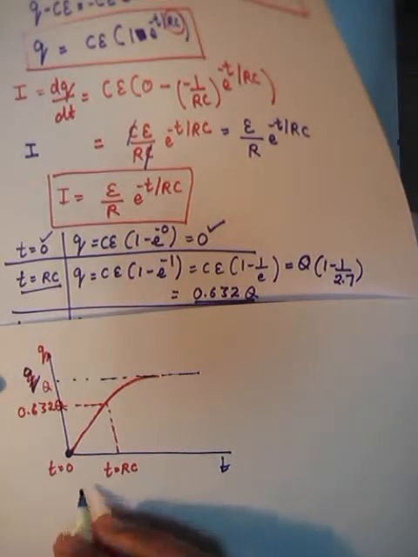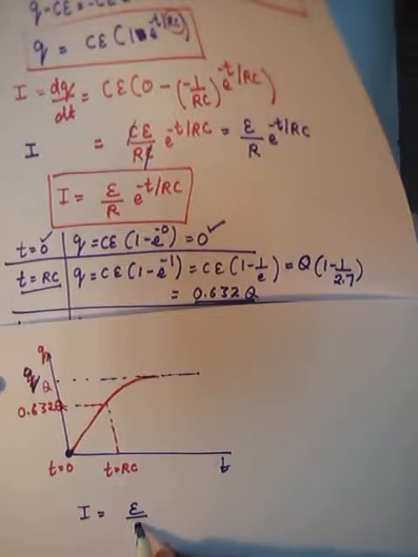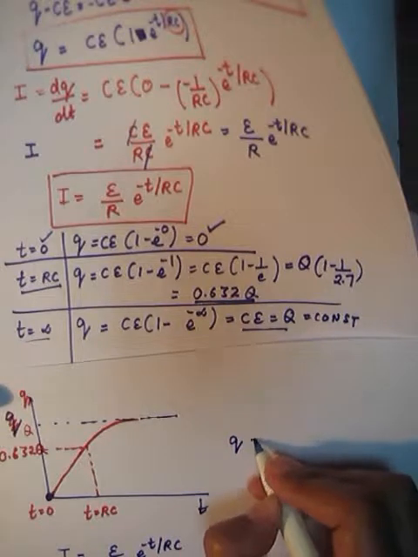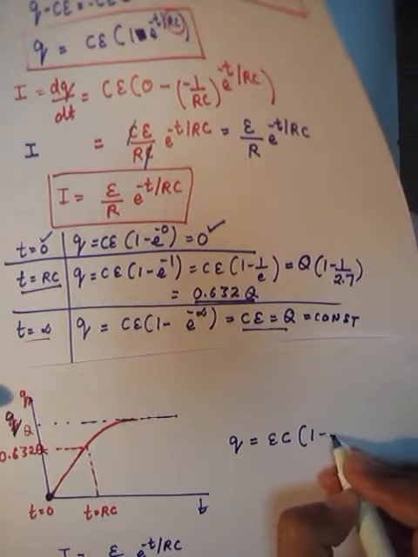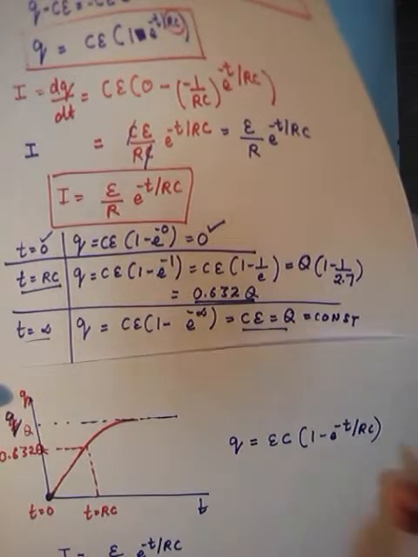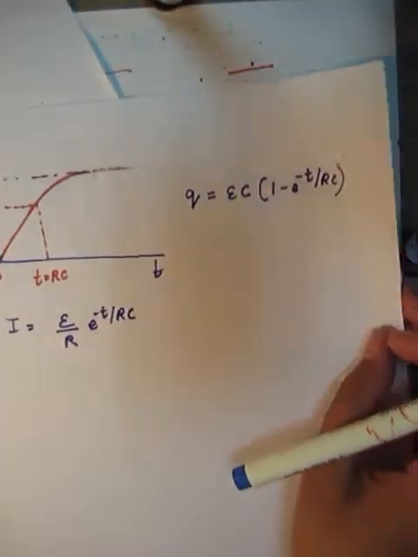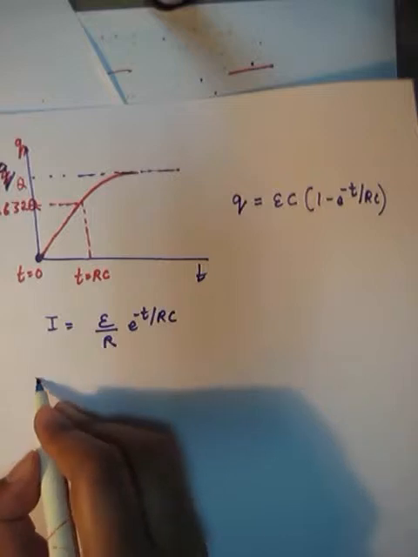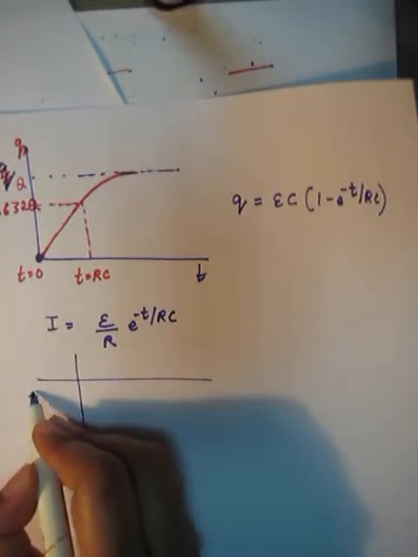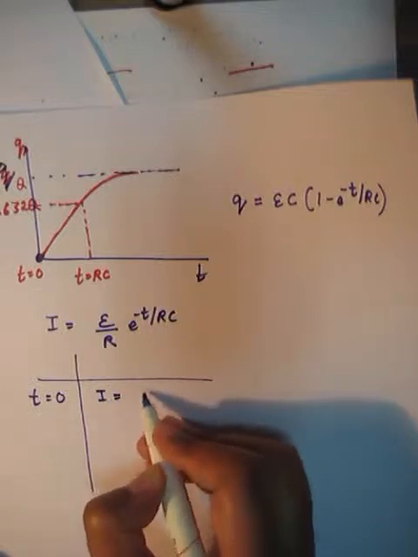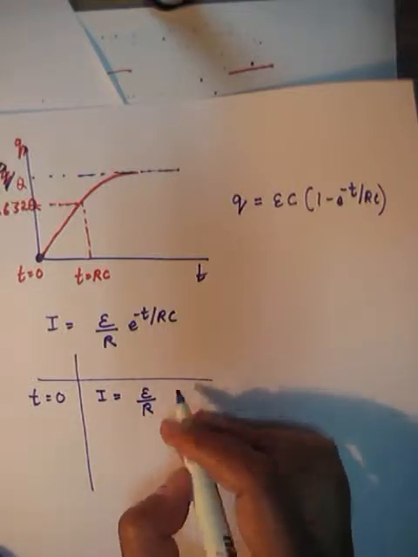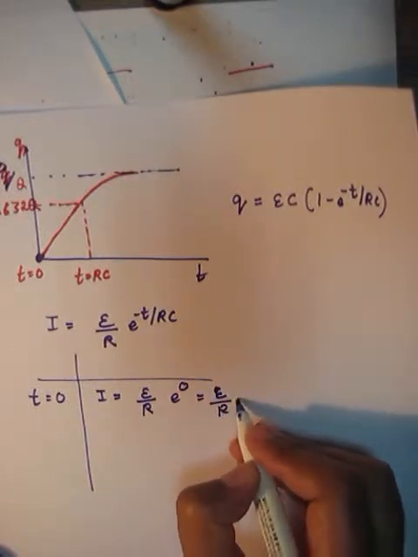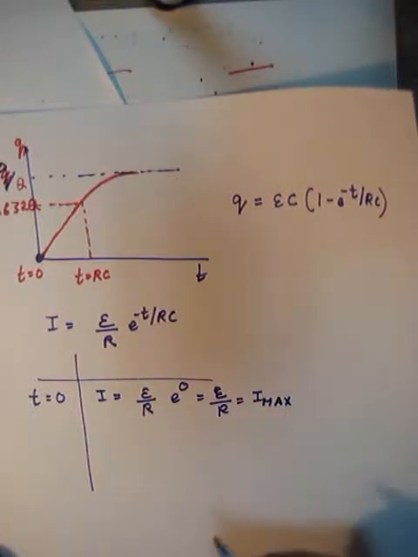So if we try to find out the value of current, which is given by this expression, while charge is given by this expression, let's try to make a similar chart. If time is 0, current will be equal to epsilon upon R exponential 0, which is the maximum current at time 0.